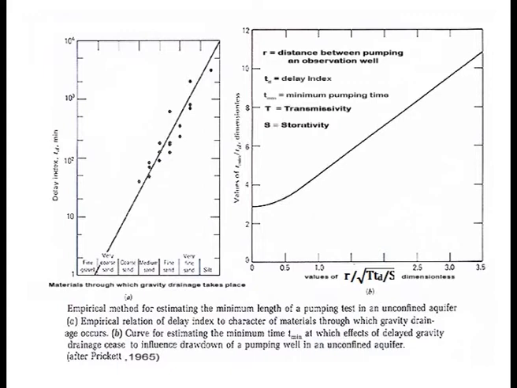On the x axis r upon small r, radius of influence, or distance between the pump well and the observation well, upon under root T d upon under root capital T small t upon capital S. So capital T means transmissibility of the aquifer if known, S is the storativity of the aquifer known, small t is the time since pumping started.